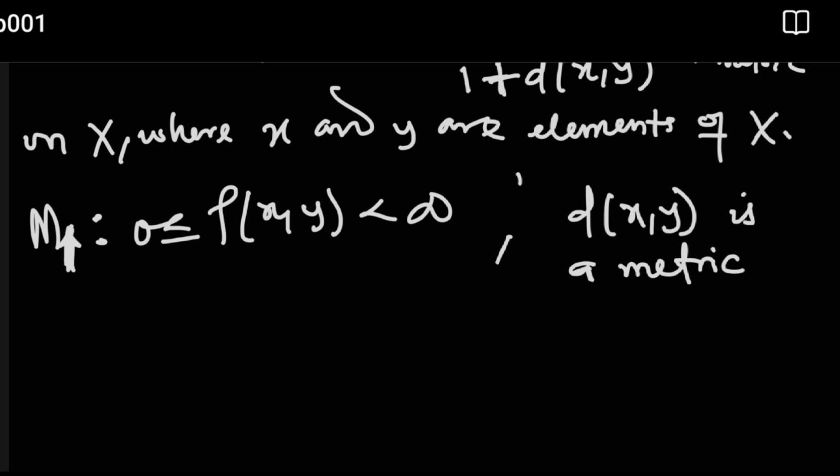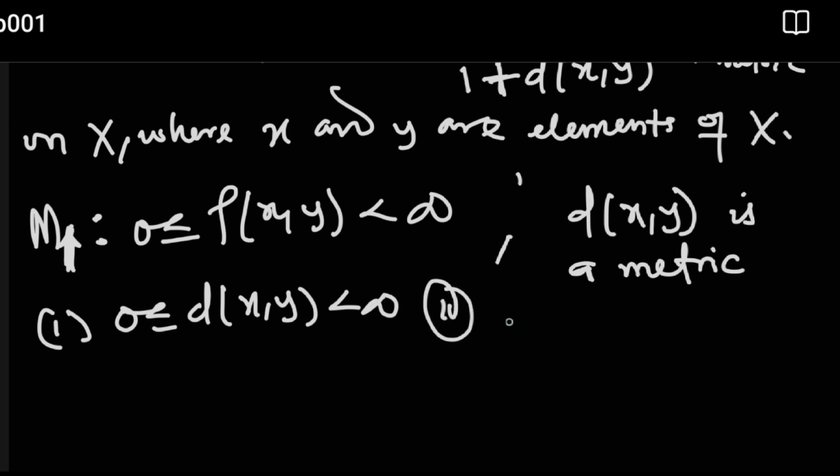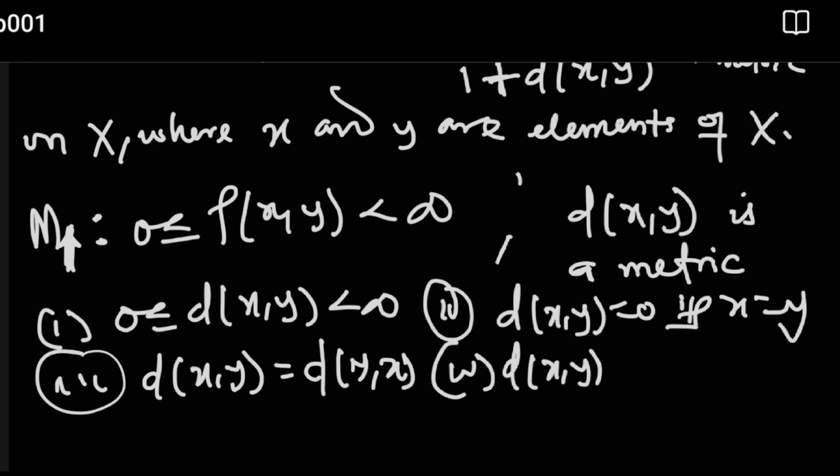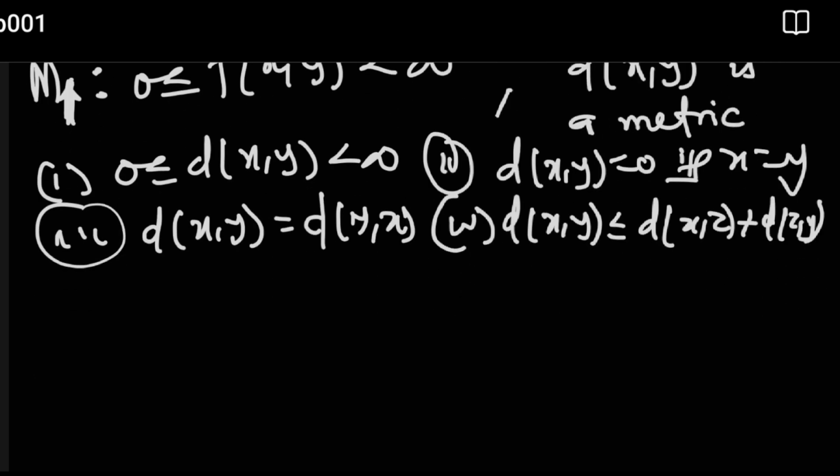So 0 is less than or equal to d(x,y), less than infinity. Then the second, d(x,y) is equal to 0 if and only if x equals y. The third, d(x,y) is equal to d(y,x). And the fourth, d(x,y) is less than or equal to d(x,z) plus d(z,y) for z in X.